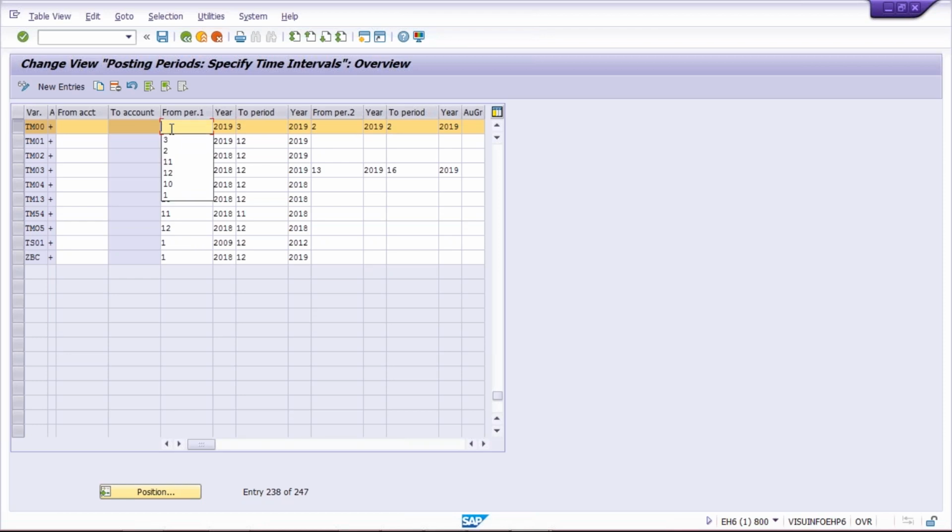But if they have opened from period 2, there is a specific reason. Then they will open this period 2, but add a clause here, and let's suppose assign an authorization group. Look here, this last column is called authorization group.